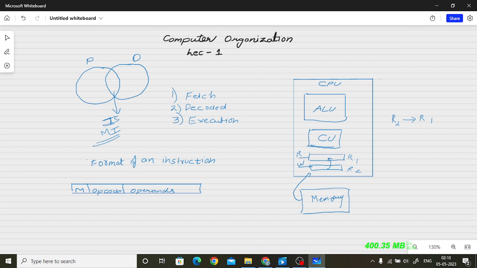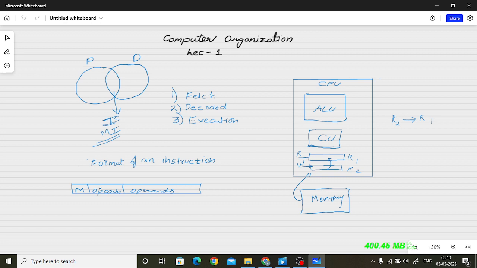So our instruction is mainly divided into three parts. One part is for the mode, which addressing mode we are going to execute. We will see in our upcoming lectures what addressing modes are.